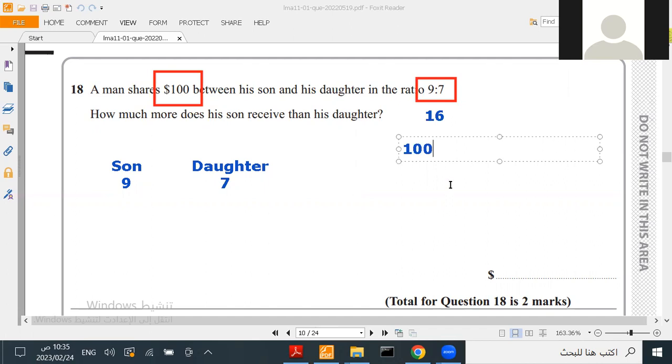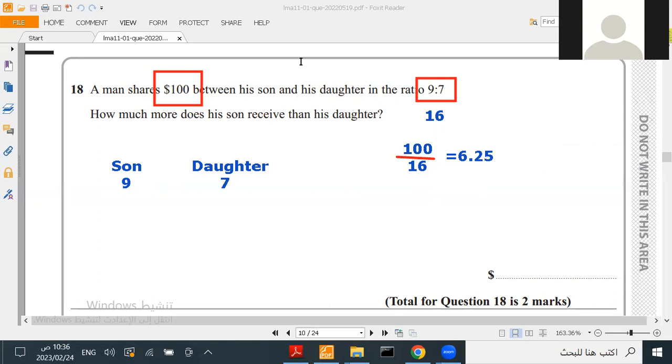So 100 divided by 16 will give me the number that I can use to find the answer. Here as a fraction like this, then equals, I go to the calculator. 100 divided by 16 gives 6.25. This is the number I got.